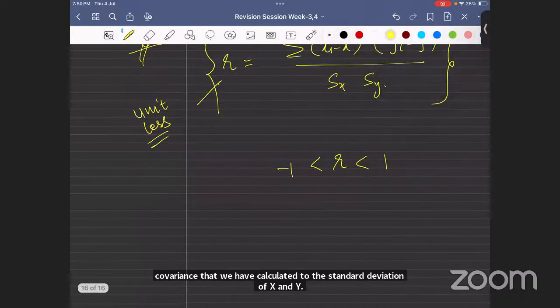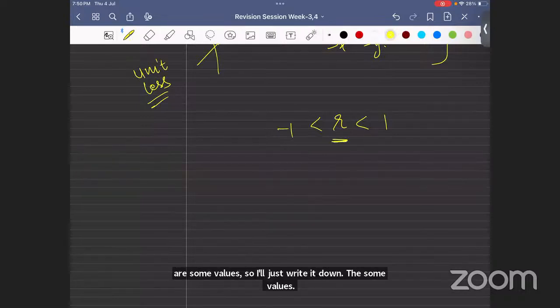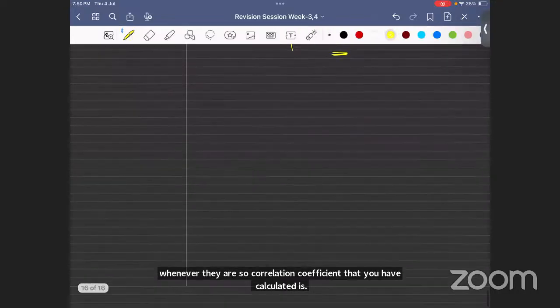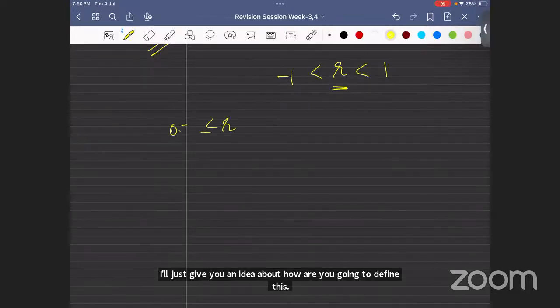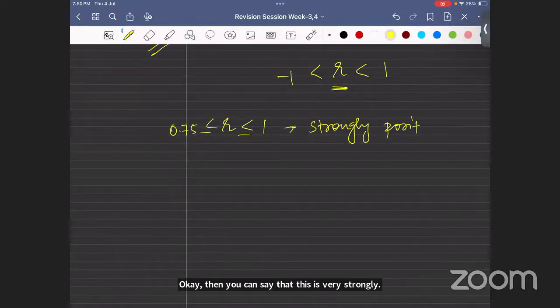Now there are some values, so I'll write them down. Whenever the correlation coefficient r that you have calculated is, for example, from 0.75 to 1, then you can say this is a very strongly positive linear relation.